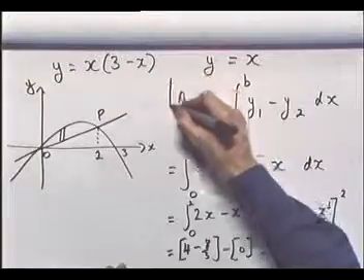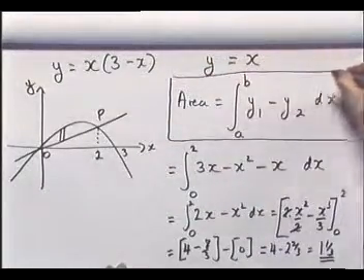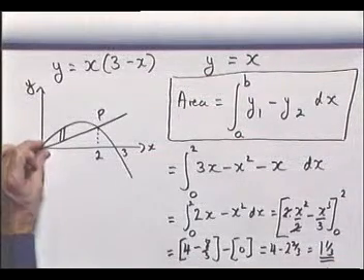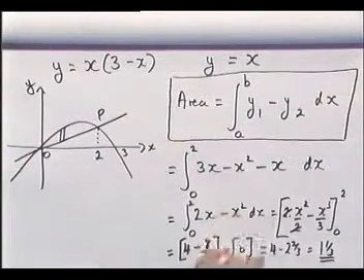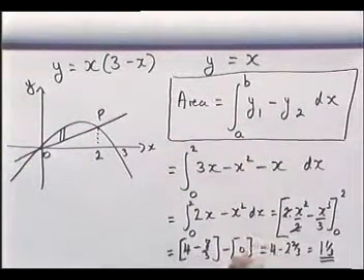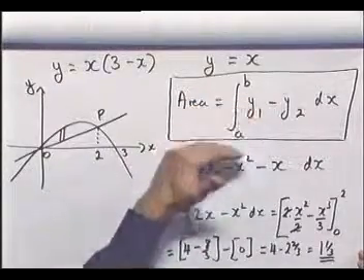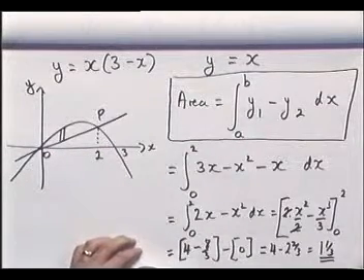So this gives us a convenient formula for being able to work out the area that is caught between two curves. We call the upper curve y1, the lower curve y2, and we subtract them and then integrate between the ordinates of the points of intersection.